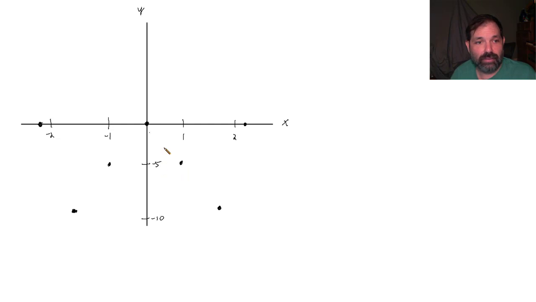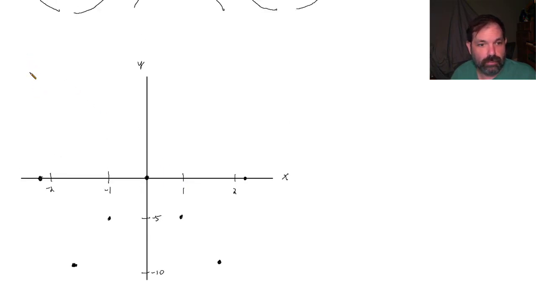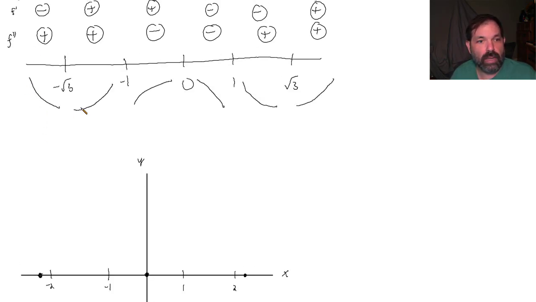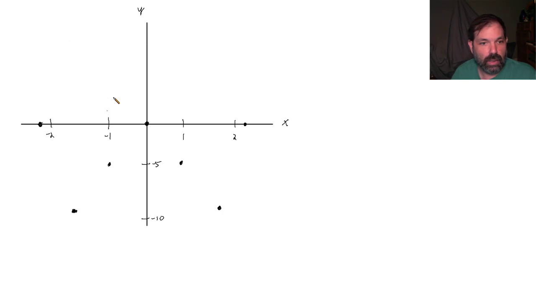Now I just have to finish the curve. The curve was decreasing and concave up, then increasing and concave up. Decreasing and concave up. And this point is negative root 3, negative 9, then increasing and concave up.